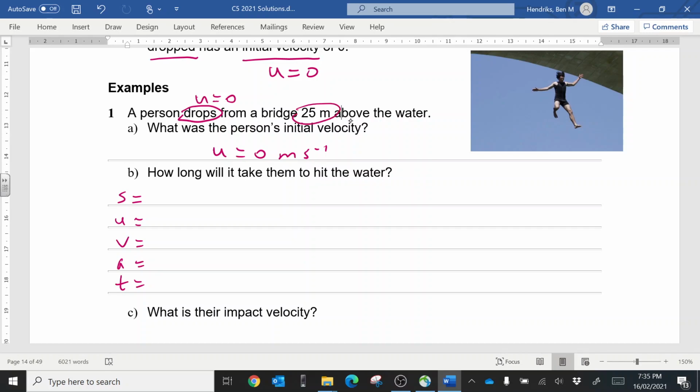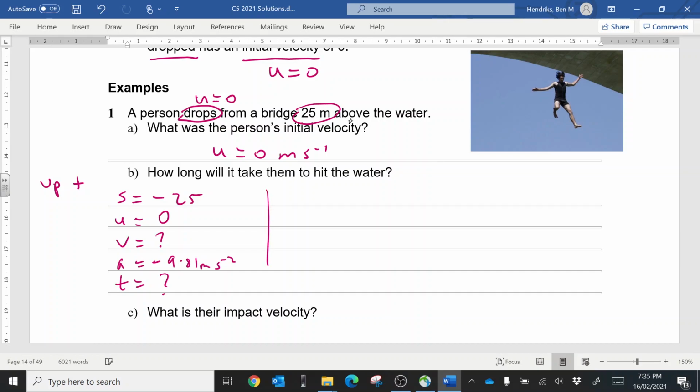We know that the bridge is 25 meters high, so that means their displacement, let's say that up is positive, then S is equal to negative 25, U is equal to 0, V we don't know, A is equal to negative 9.81 meters per second squared. Because it's down, we have that negative, so that's the key thing there. And we don't know the time.